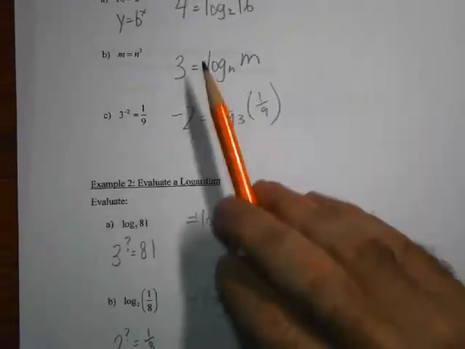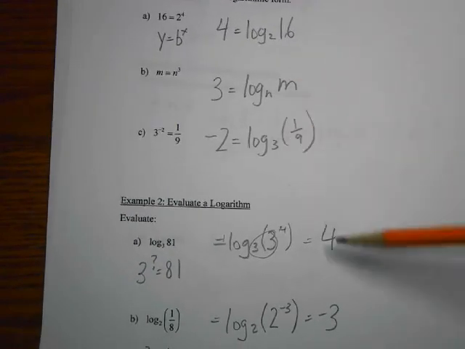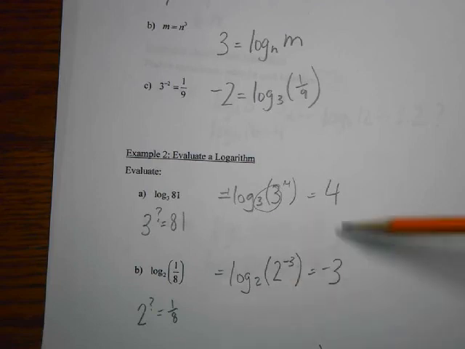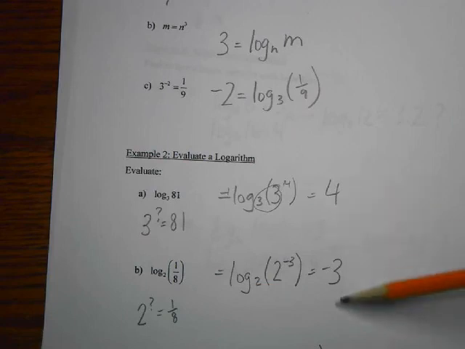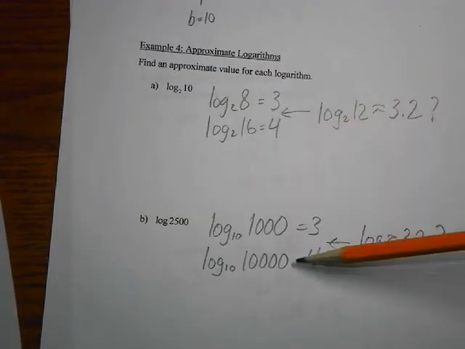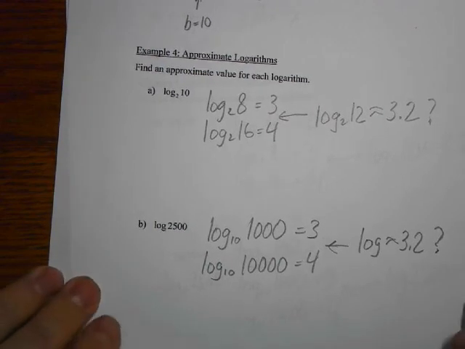Then we learned how to convert back and forth between exponential and logarithmic, and then how to start evaluating logarithms. We only really officially got answers for nice integer values, and then we did an approximation for one that wasn't a nice integer answer. Hopefully we have something we can use, and that's going to be our calculator with a couple new formulas.